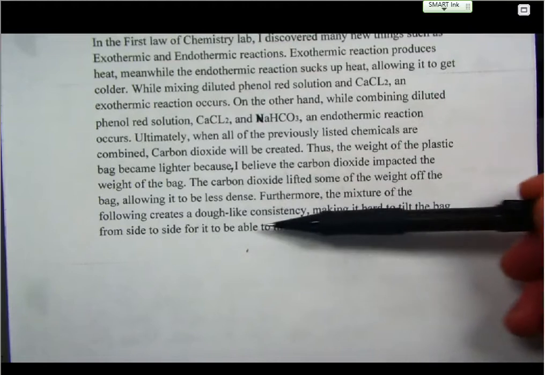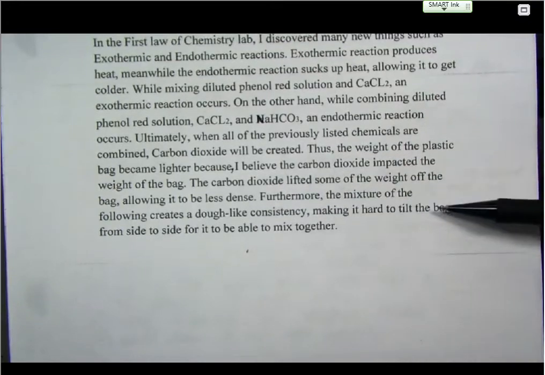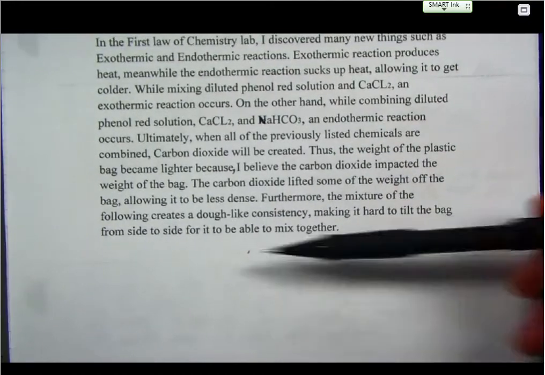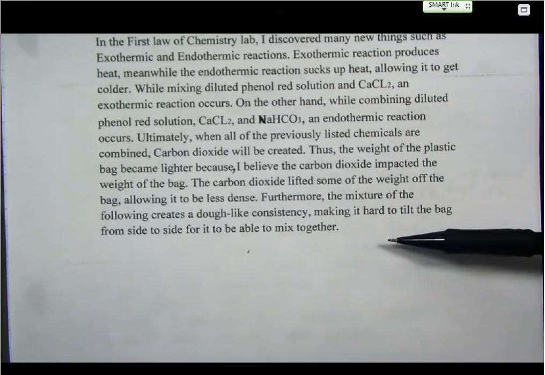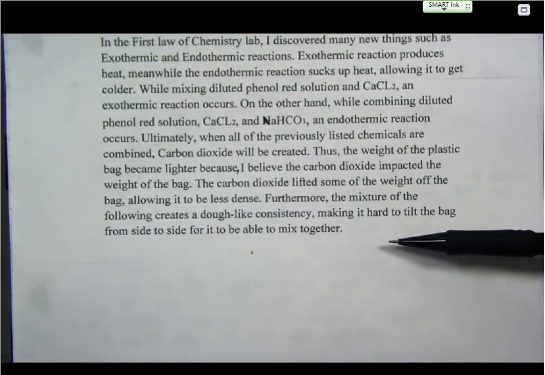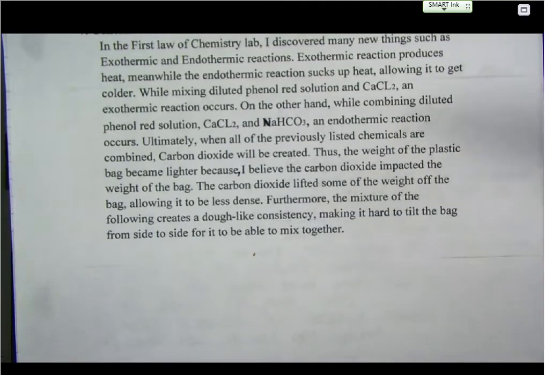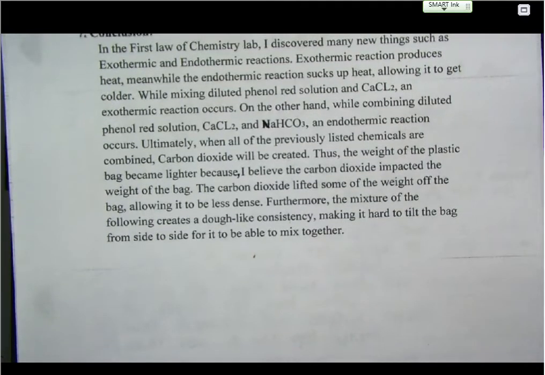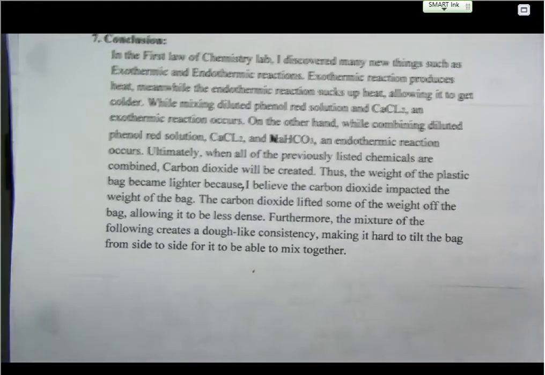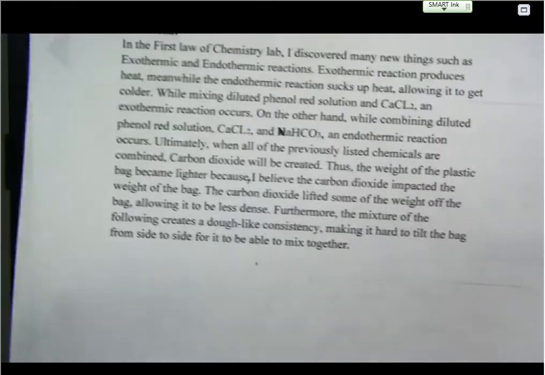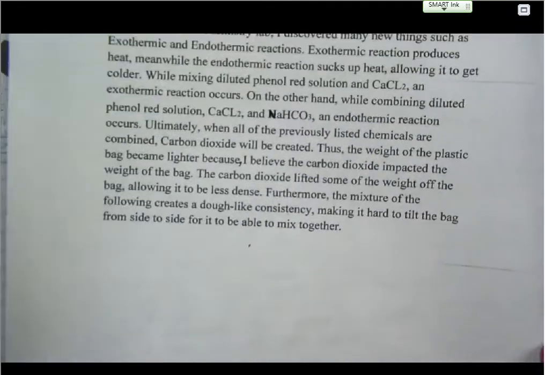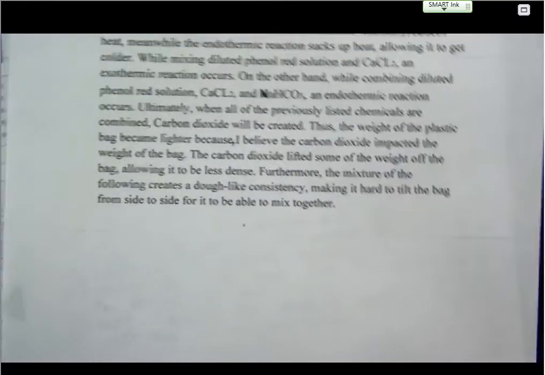Furthermore, the mixture of the following creates a dough-like consistency, making it hard to tilt the bag from side to side. Okay. Now, you can have this in your conclusion if you refer to it in your observations. Okay? The observations are the basis for every single conclusion.